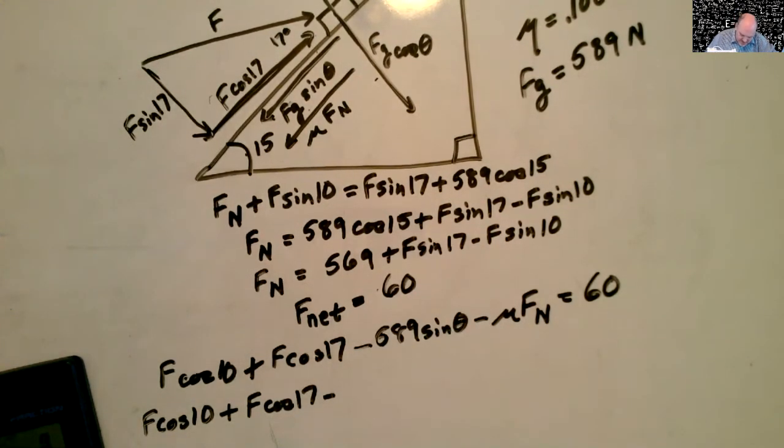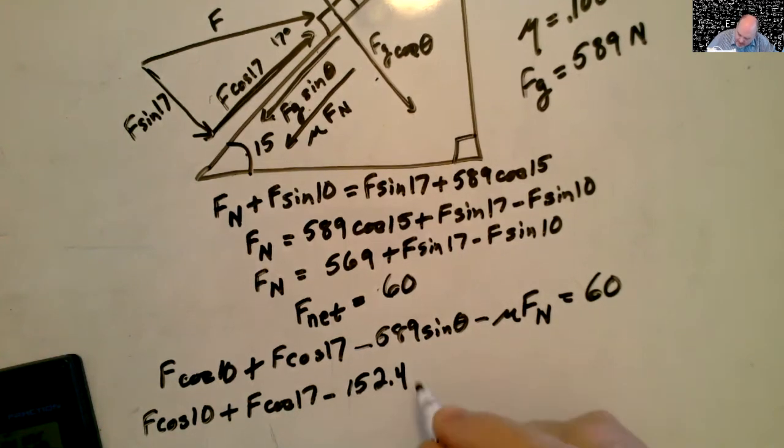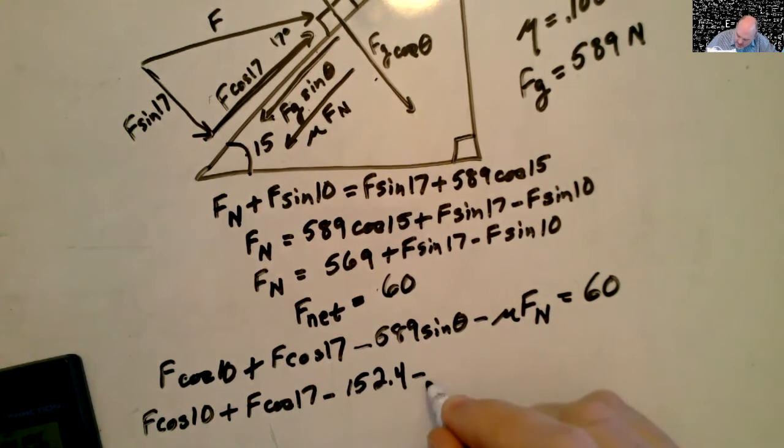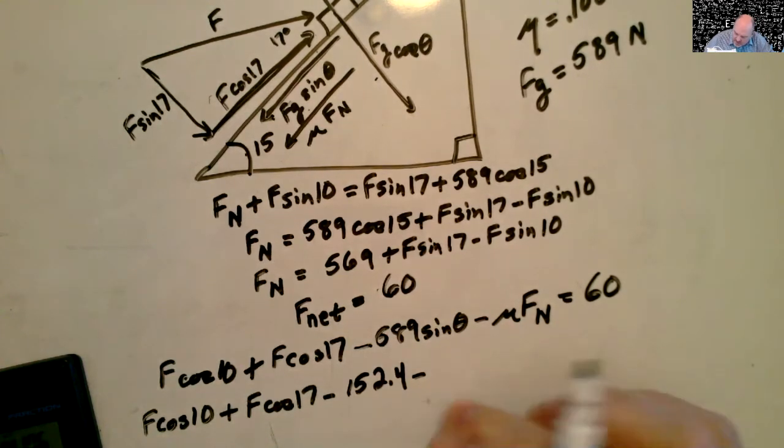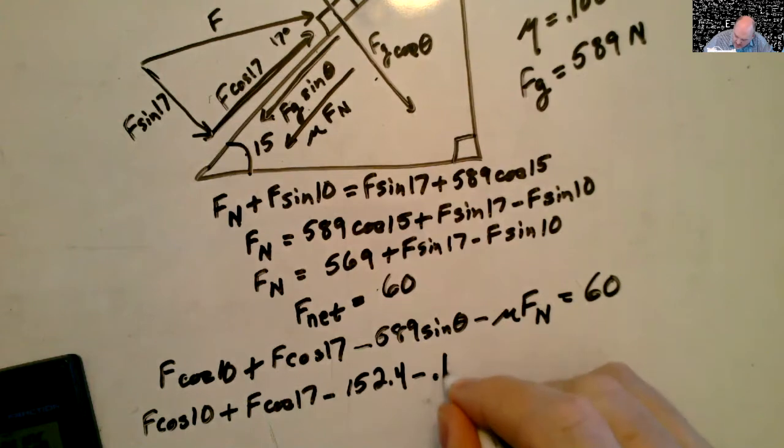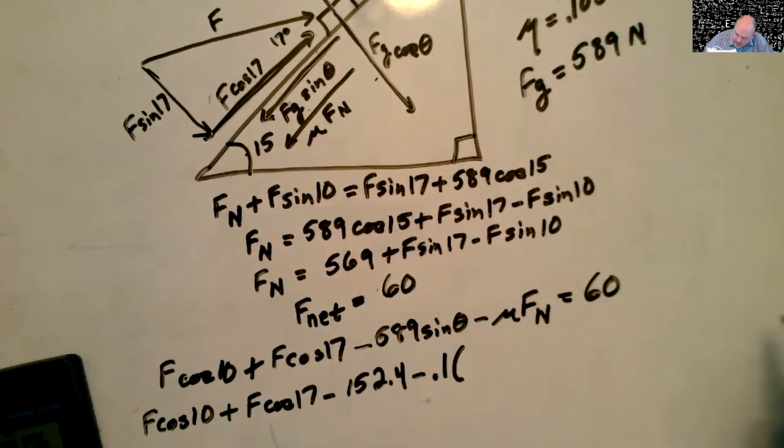So that's sine of 15. I'm going to do 589 times sine 15, and I get a number here already: minus 152.4. Minus mu times Fn. By the way, we know what mu is too, so instead of mu I can put 0.1, minus 0.1 times Fn. What is Fn?